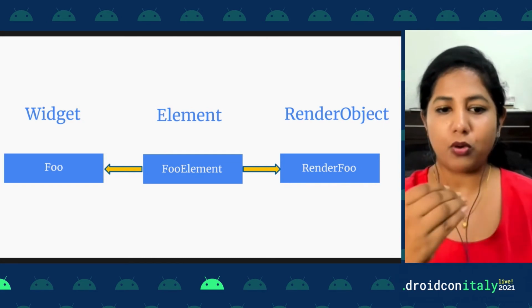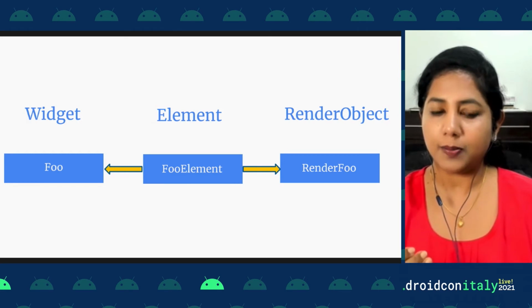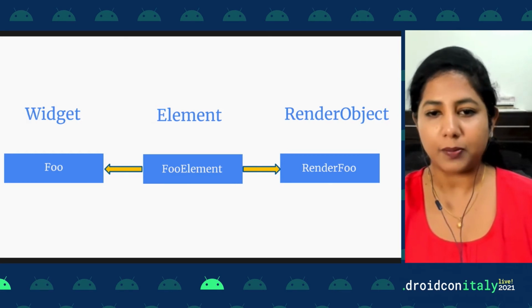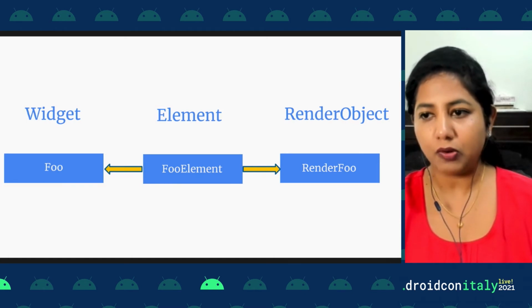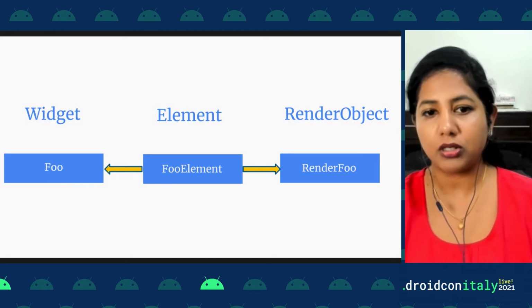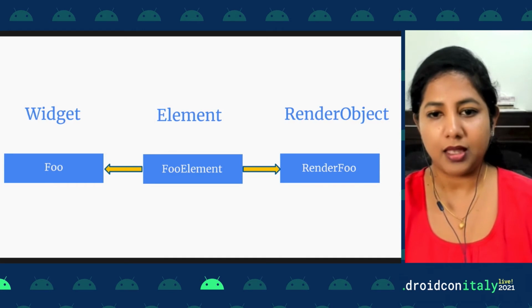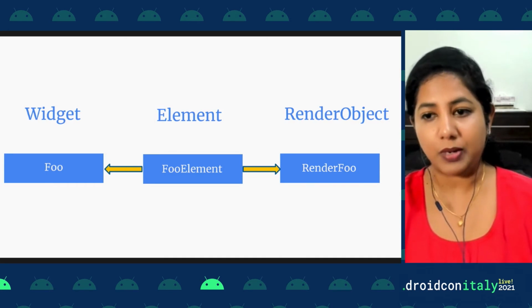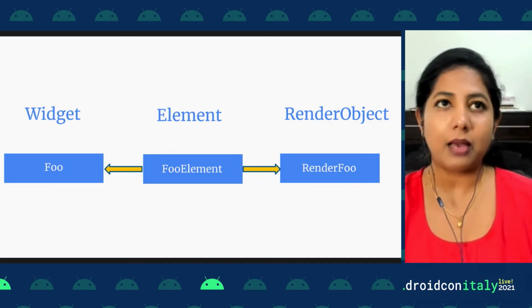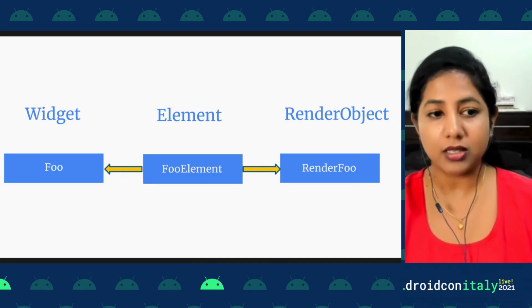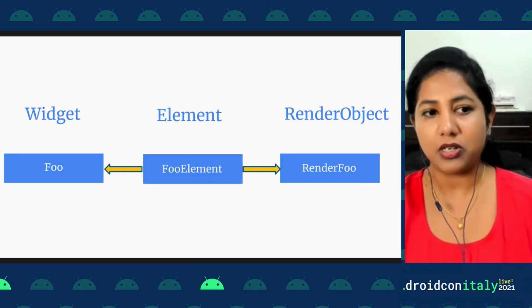As I told you, scaffold, column, children, then text, icon, all that. The Flutter framework uses this widget as a configuration for each element that is mounted or rendered on the screen. The mounted element is displayed on the screen, and it creates the element tree.